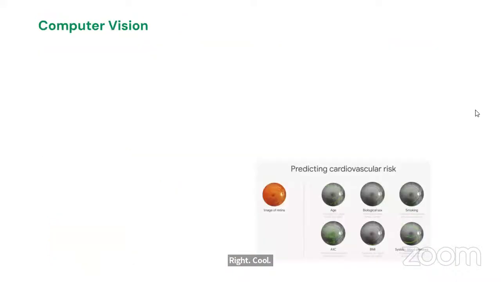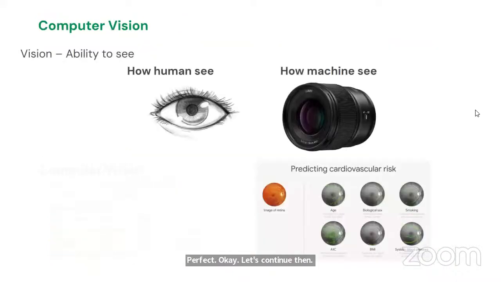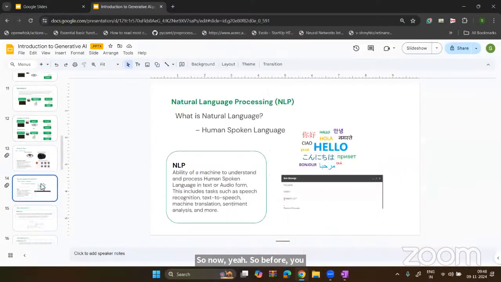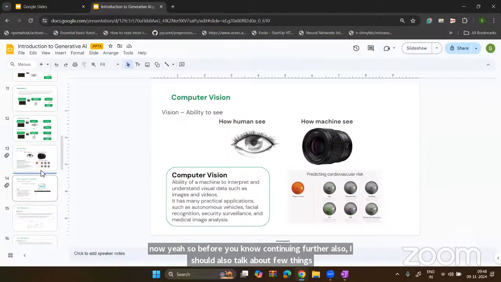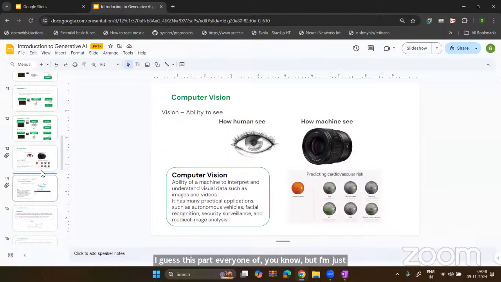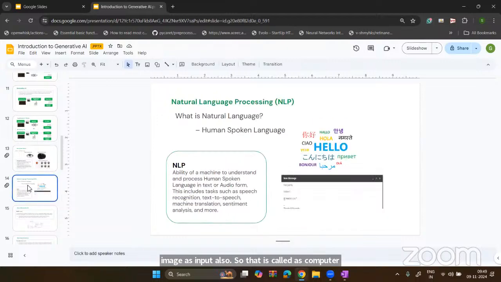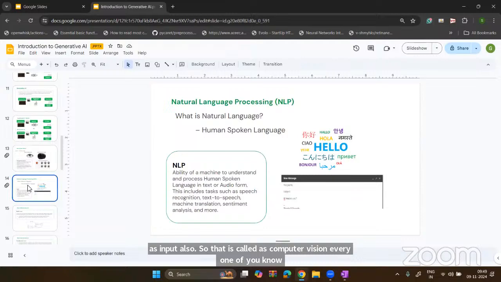So before continuing further, I should also talk about a few things. I guess you already know this part, but I'm just revising it again for you. Whenever you're working with images, because I told you just now, we can generate image content also, or we can give an image as input also. That is called computer vision. And if you are working with text, it is called NLP, natural language processing.